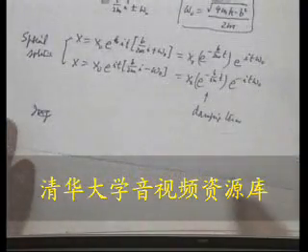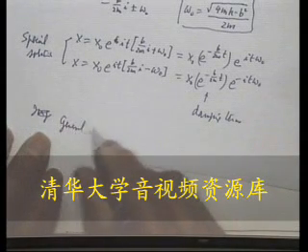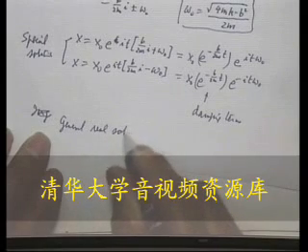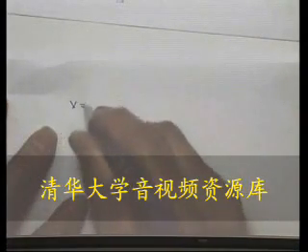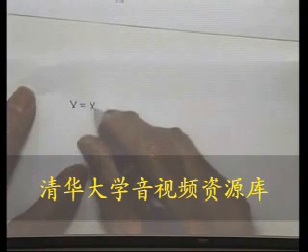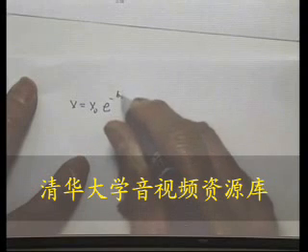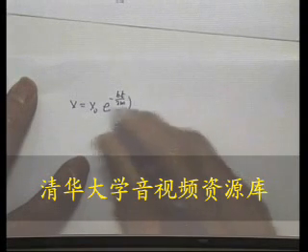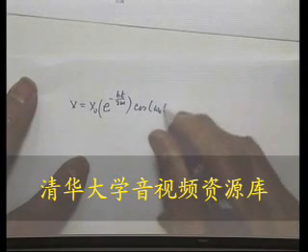The general solution is a linear combination of the two, and so the general real solution is x equal to sum x0 times the damping factor minus bt over 2m times cosine of omega 0t plus phi.